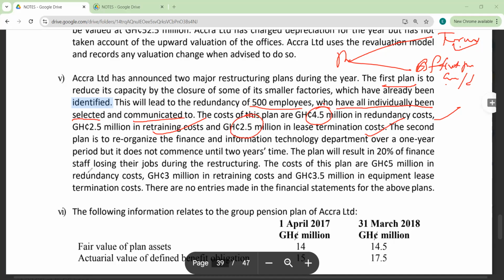Add the two figures together, what do you get? 7. That's all. Training costs, please, we don't include them. If you do redundancy, don't put training cost in it. The training cost will not be added.